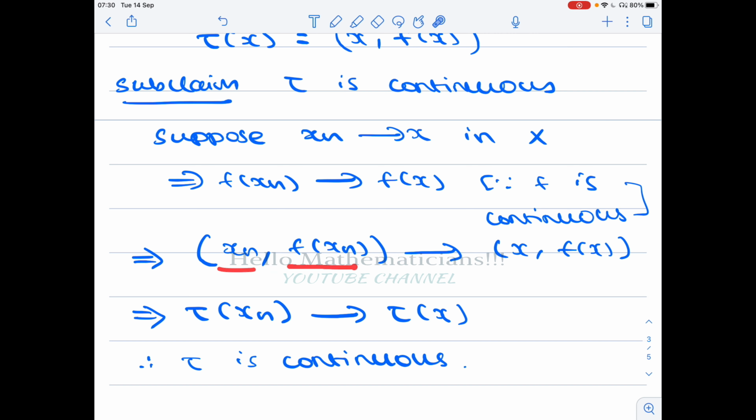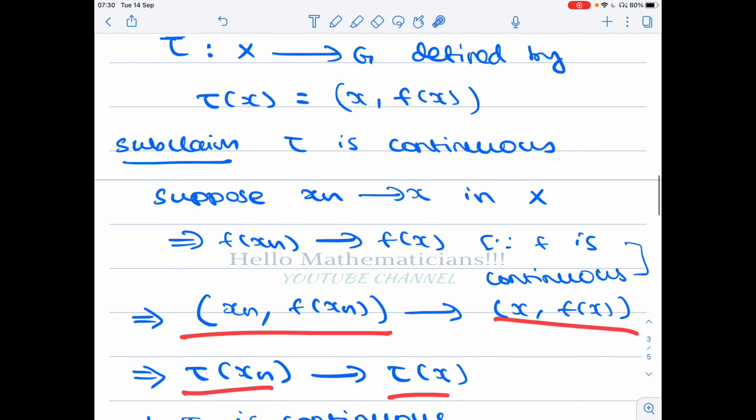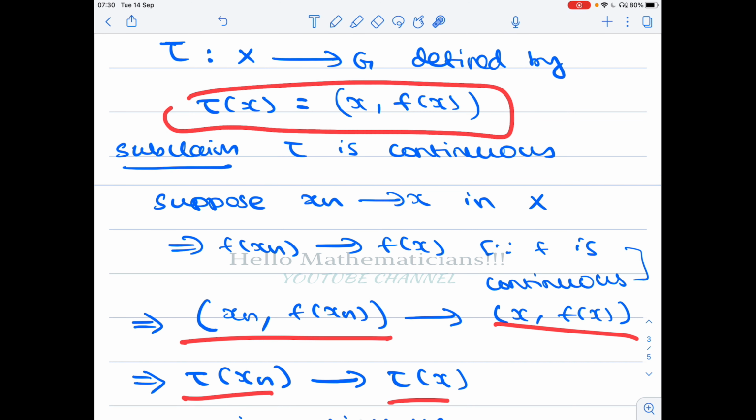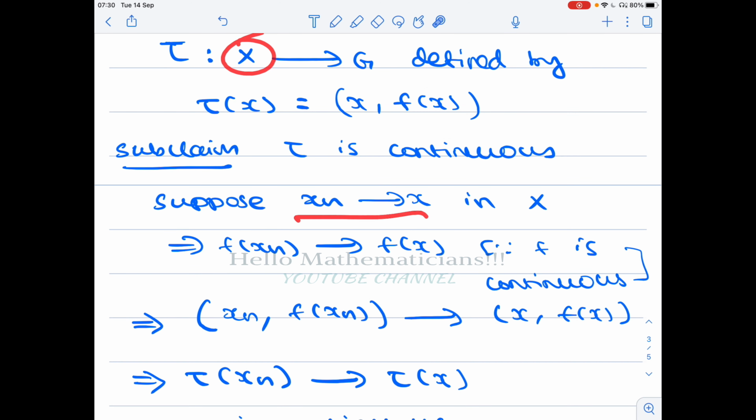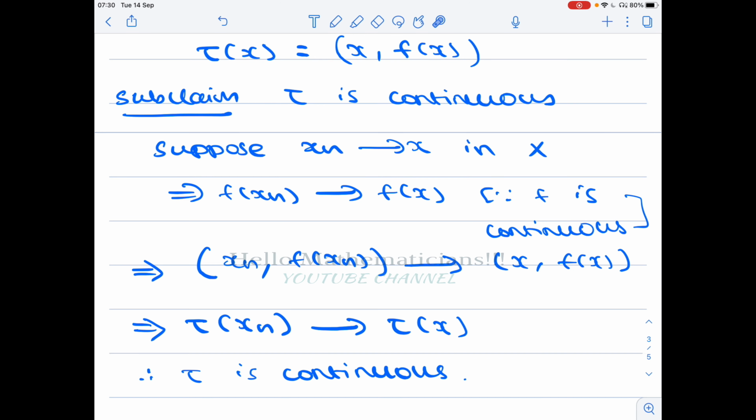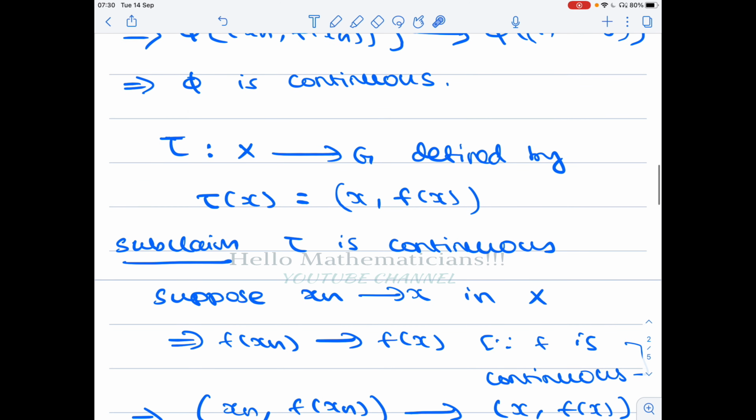Whenever you have two-coordinate sequences, their convergence means that the first coordinate converges to the first coordinate and the second coordinate converges to the second coordinate. Therefore, if xn converges to x, then (xn, f(xn)) converges to (x, f(x)). This is because f is continuous. This is nothing but tau of xn and this is nothing but tau of x by the definition of tau. Therefore, in X, whenever xn tends to x, tau of xn converges to tau of x. Therefore, tau is a continuous function.